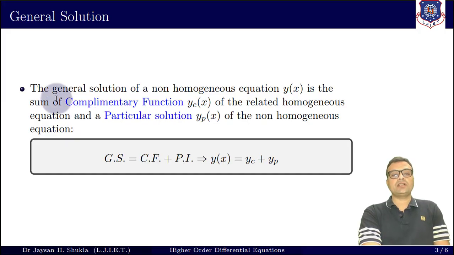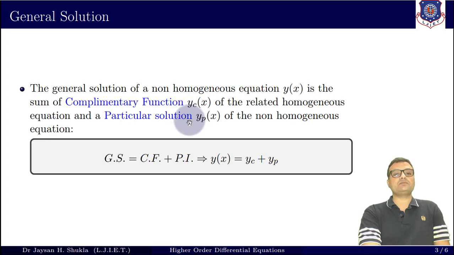The solution of higher order differential equation with constant coefficient, linear by nature, homogeneous or non-homogeneous, is known as general solution. What do we mean by general solution? The general solution is divided into two parts, CF and PI. CF is the abbreviation of complementary function, which is in notation given by y subscript c of x, means it is a function of x which is denoted by yc(x).